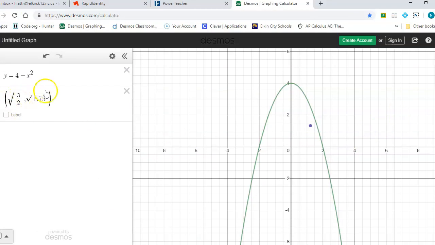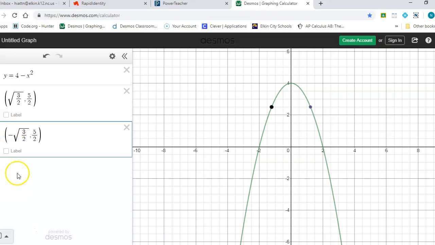So let me try that again. Let's make this 5 halves. And so these points on the graph right here, they are the absolute closest points to the point 0, 2 in the graph.